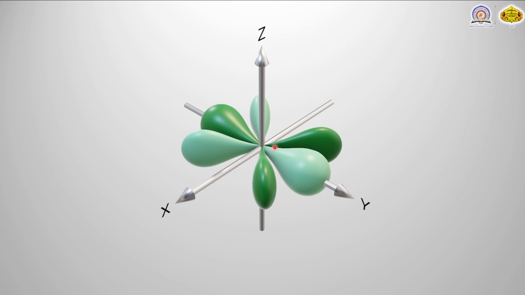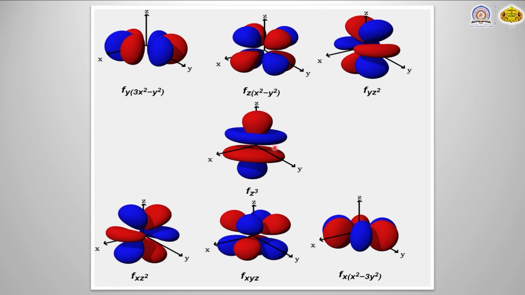So it is triple dumbbell in shape, and the representation of all orbitals is seen here. Based on the value of the azimuthal quantum number, for the f orbital it is 3. The values of ml, that is the magnetic quantum number, range from +3 to -3: +3, +2, +1, 0, -1, -2 and -3. So there are 7 values.